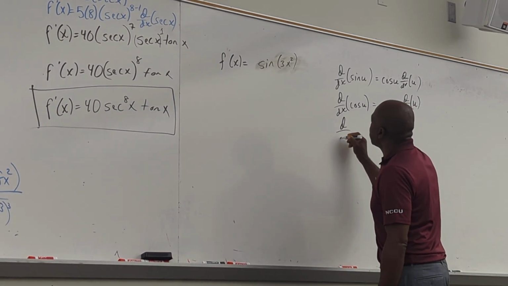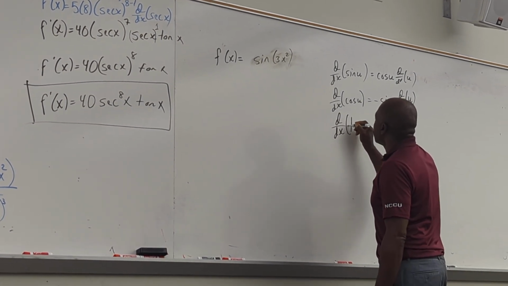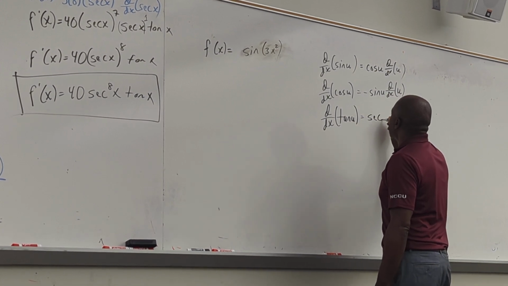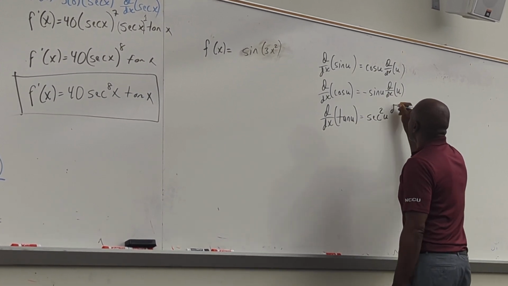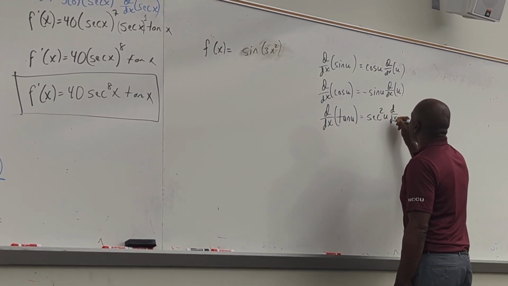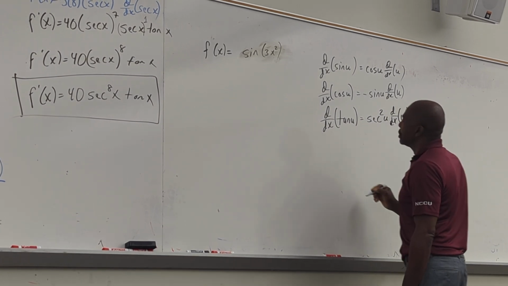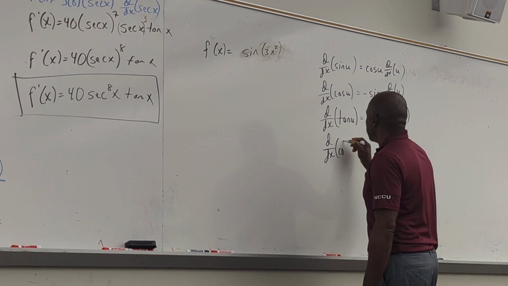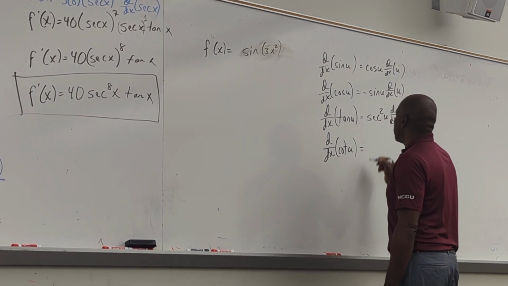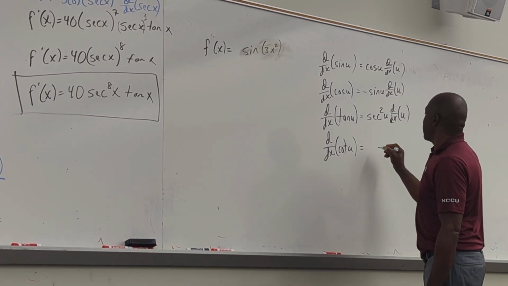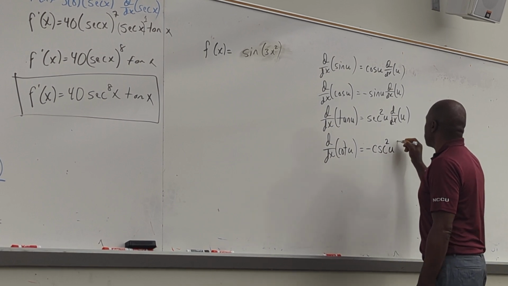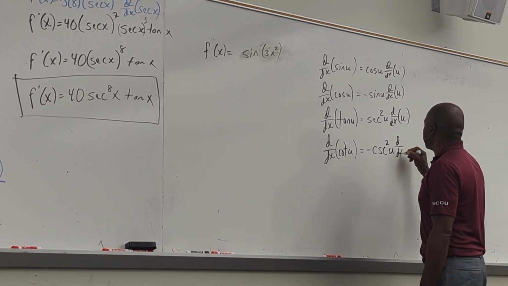And the derivative of tangent u will be secant squared u times the derivative of u. And the derivative of cotangent u will be negative cosecant squared u times the derivative of u.